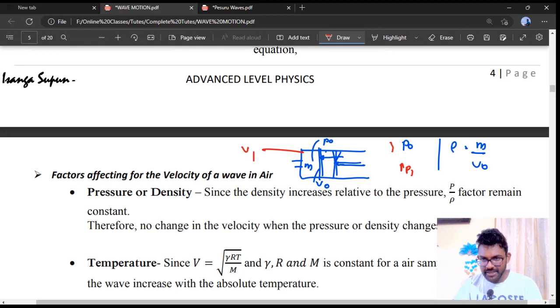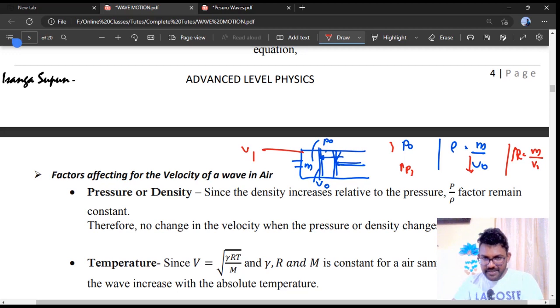And if I write the density, it is now M over V1. Now we can see the volume reduced. When you reduce the volume, what happens to density? Density increases, right?